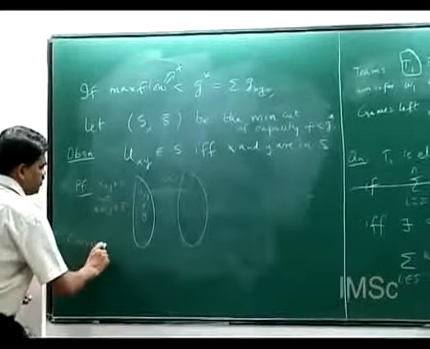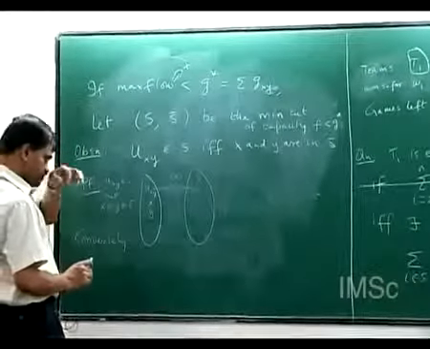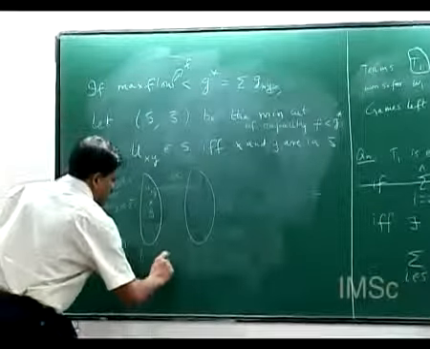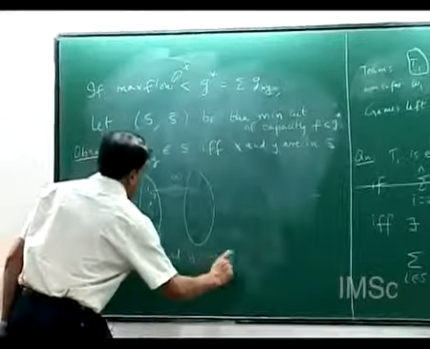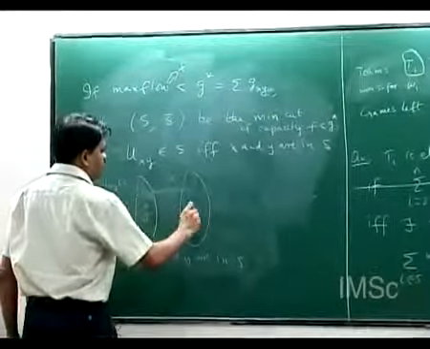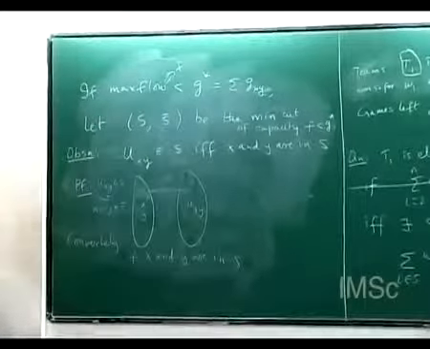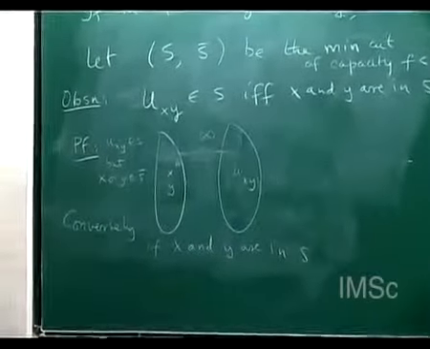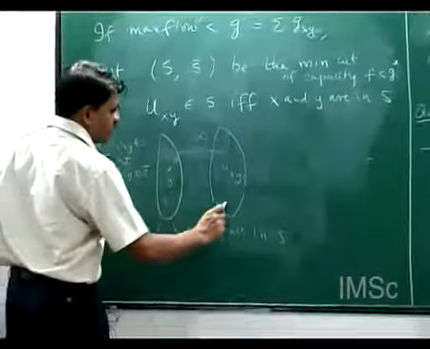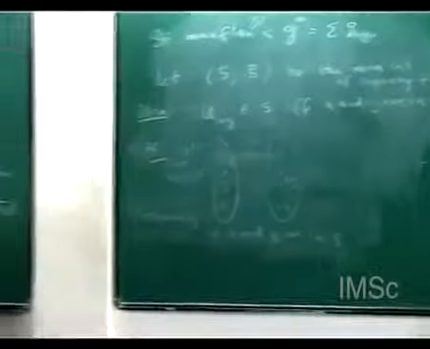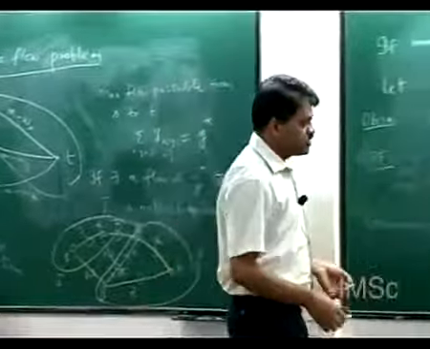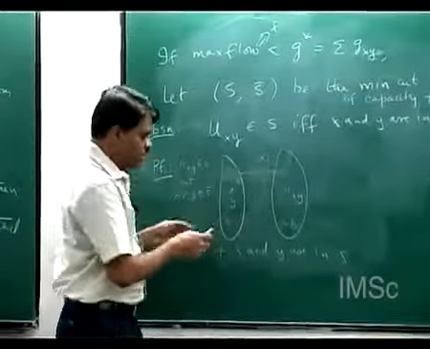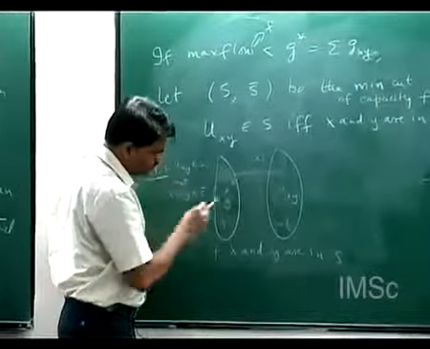Conversely, suppose x and y are in S, and u x y is in S bar. Let us see what the contribution of these vertices to the cut is. Remember S is here and T is here, because that is the definition of ST cut. Okay. So, what is the contribution? There is nothing going from x or y to u x y in that direction. What about x and y?